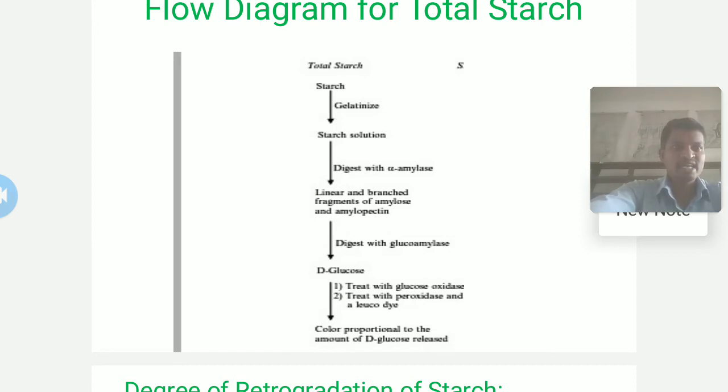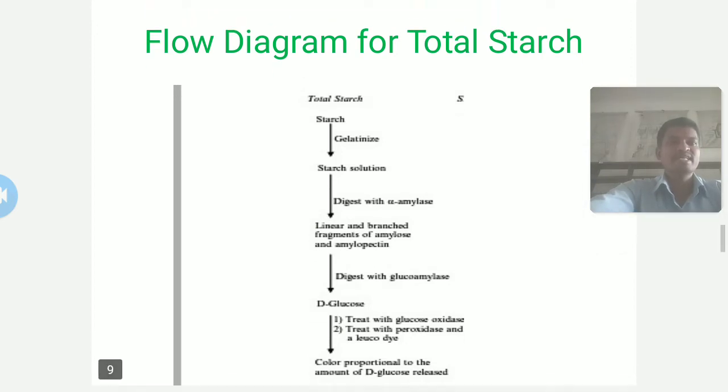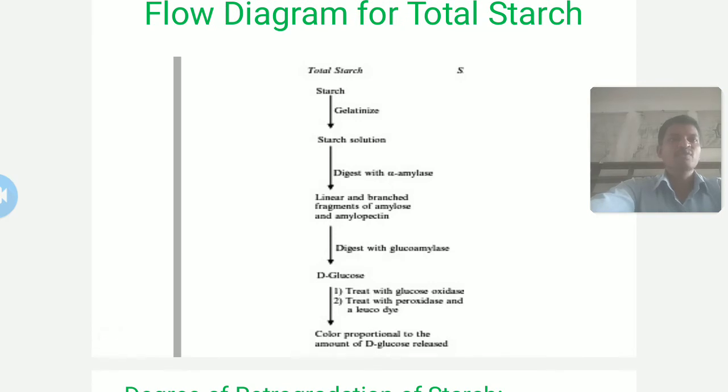Starch is taken, then it is gelatinized. This process is called the gelatinization process. Then you will get a starch solution. Then that starch solution is digested with alpha amylase, which is one of the enzymes, and this enzyme digests the starch solution.